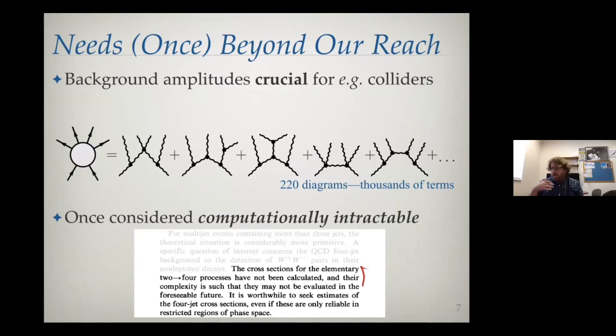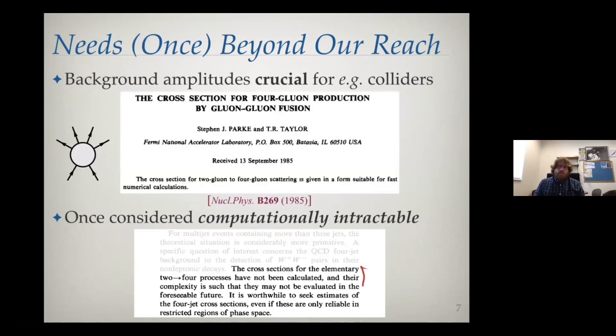They used the world's most powerful supercomputer at the time, or one of them, the heterotic supercomputer. Anyway, as soon as they got the result, they rushed it to publication with this beautiful 1-sentence abstract. The cross-section for 2 gluon to 4 gluon scattering is given in a form suitable for fast numerical calculations. So they clearly had their audience in mind.